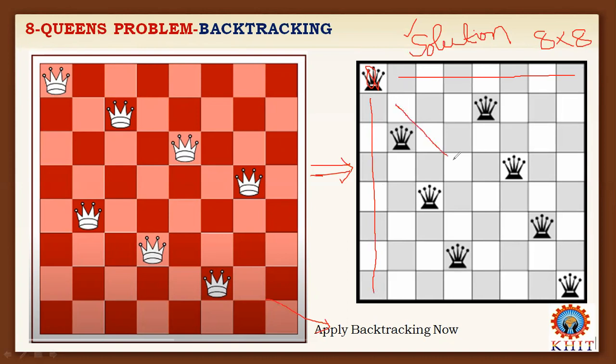Here also we cannot place the next queen. But here, the next queen was placed diagonally. So this is also not considered as the solution. I cannot say this is the correct solution.